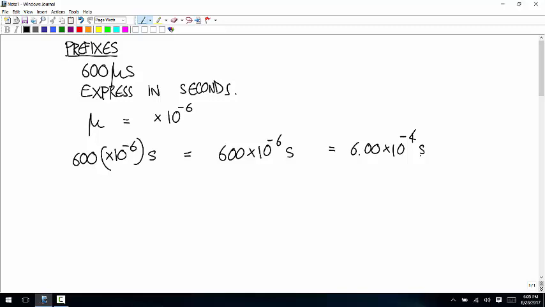So I think that's sort of the easier way. If you're trying to go from something with a prefix to something without a prefix, you can just make that substitution.